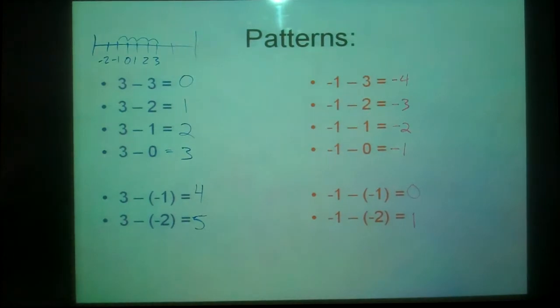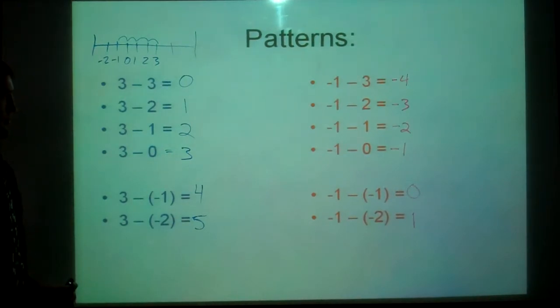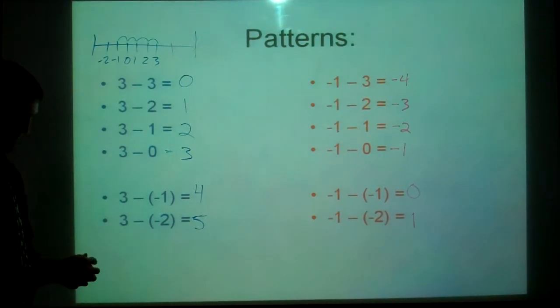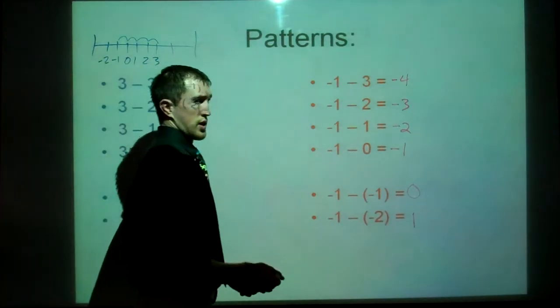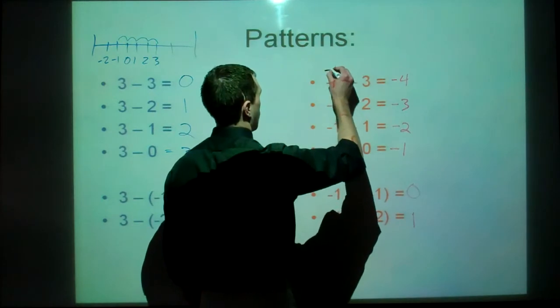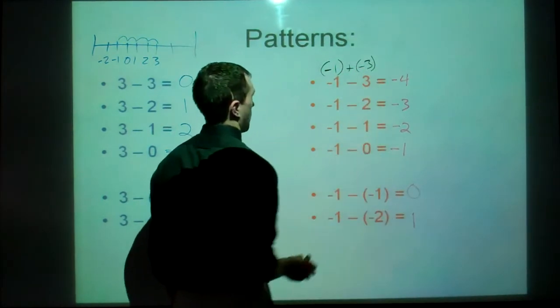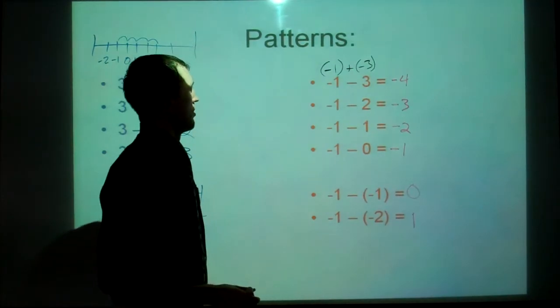And we'll sort of get used to this notation. Just remember that if we are subtracting integers, we could always turn them into addition problems. So this could be the same thing as -1 plus -3. Add the like that.